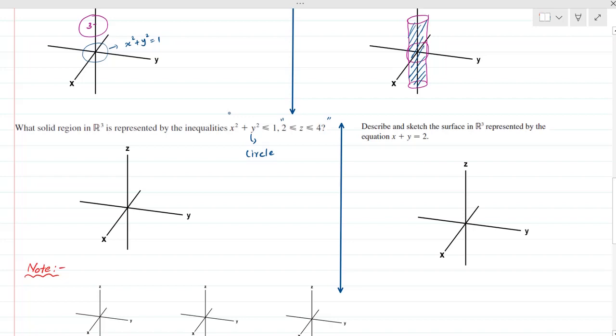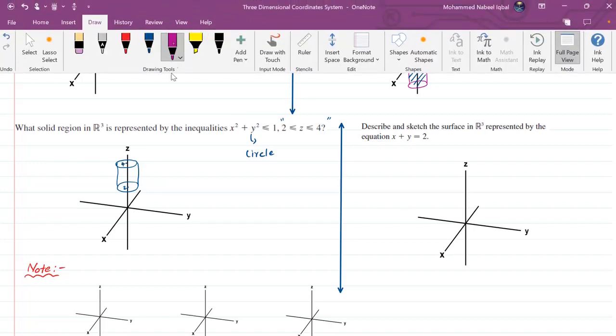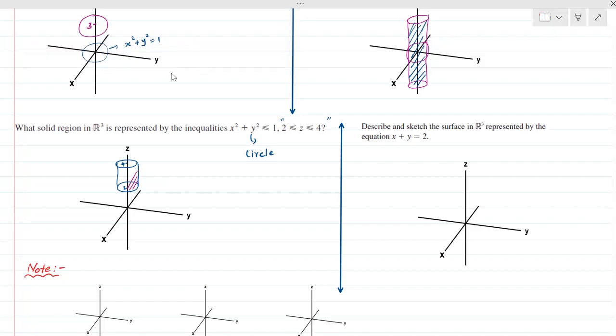So there will be a circle here and a circle here, only between 2 and 4. This part is 2, this part is 4, which is included, and this is the solid region in between. So this is x square plus y square equals 1, a circle.